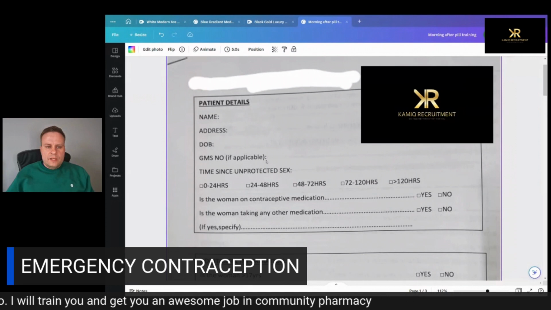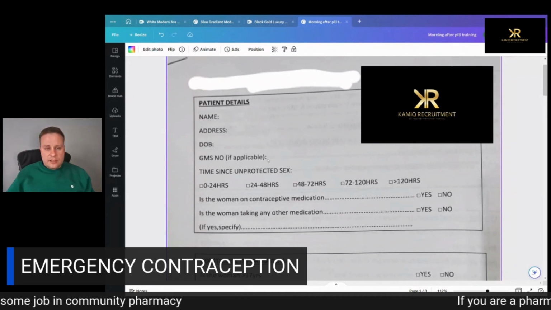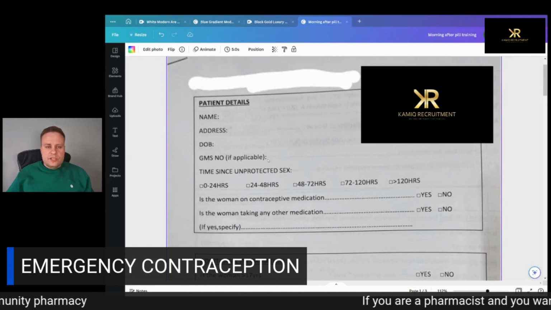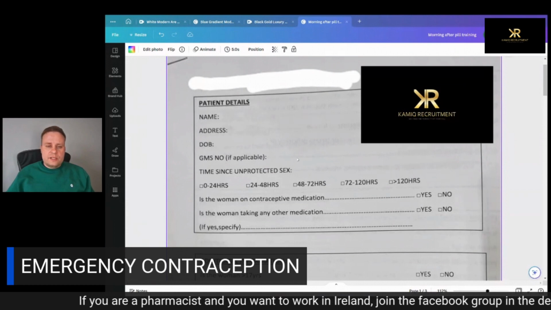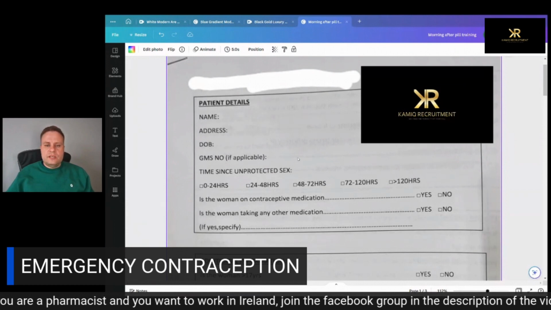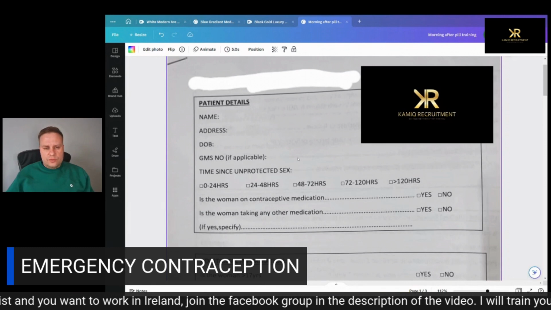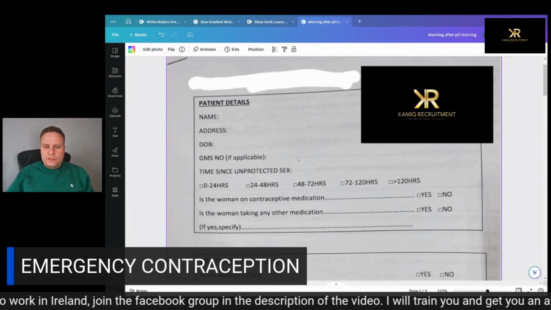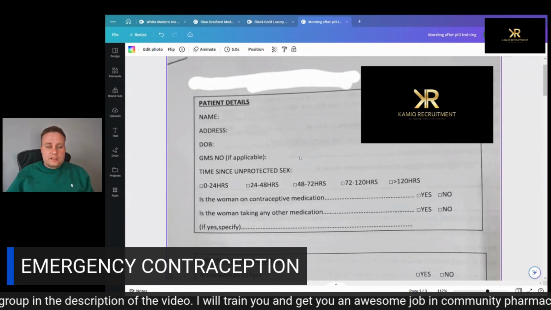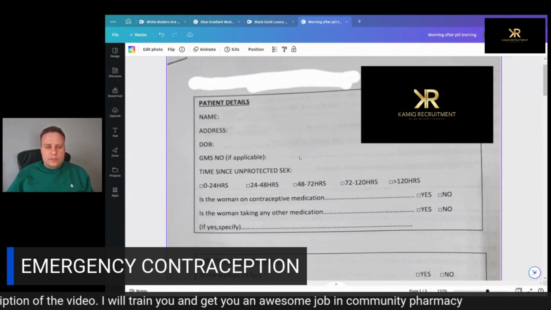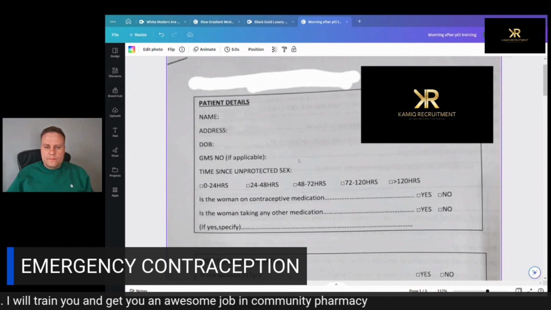So if she has a GMS card with a GMS number on it, you ask for that GMS number and you write it here. If she does have a GMS number, then she will only pay €1.50 for the morning after pill. Some pharmacies can actually give it away for free if they're on GMS.